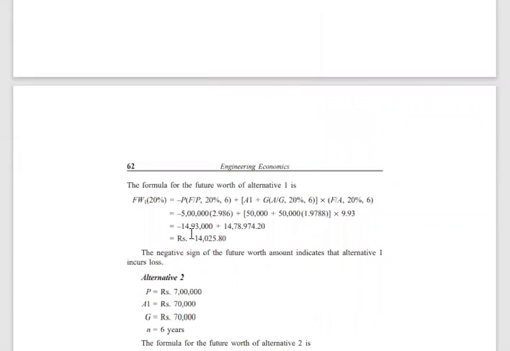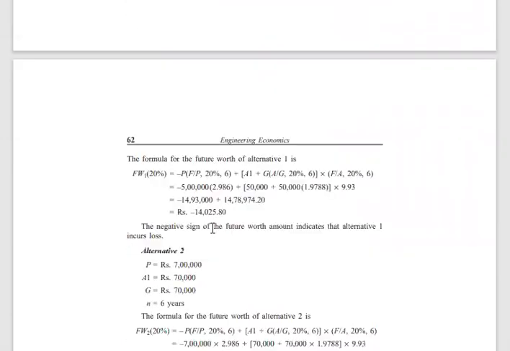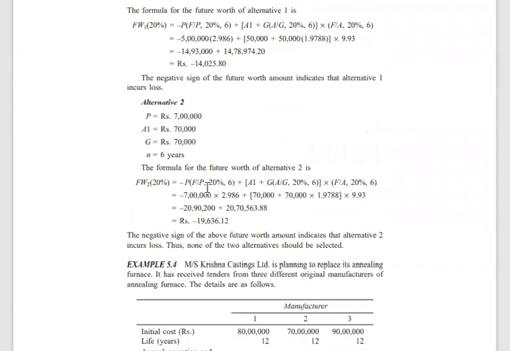Suppose here you have a negative value. A negative value means that you are encountering some kind of loss. See, loss is there.